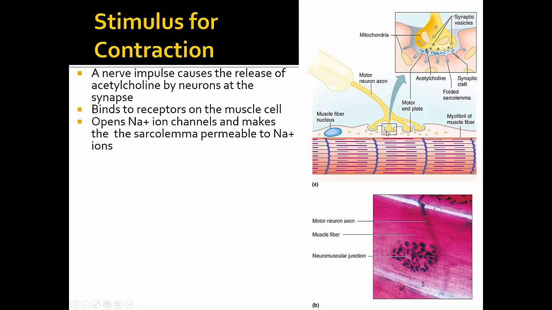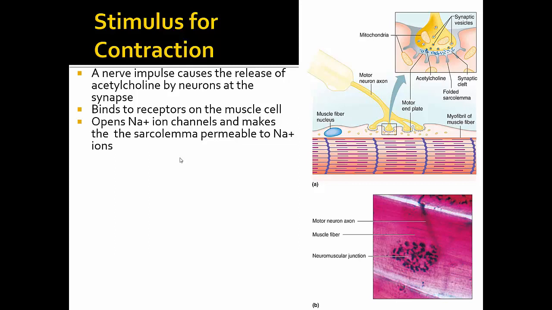When the acetylcholine binds to the receptors, this opens ligand-gated sodium ion channels. So that was a lot of words, okay? A ligand is something that binds to a receptor, right? I said it was ligand-gated. That means that when the chemical binds to the receptor, a gate opens.